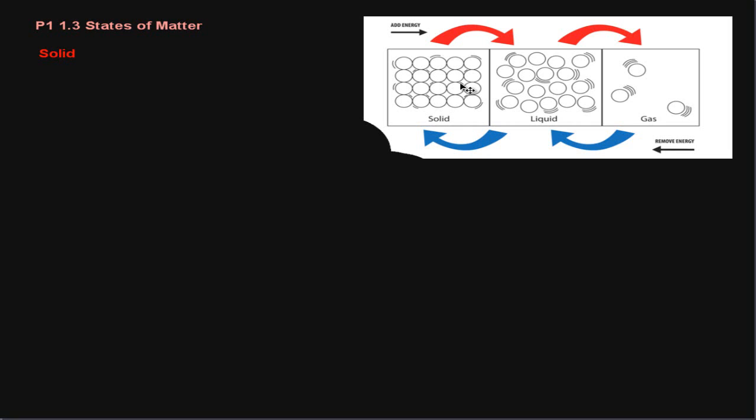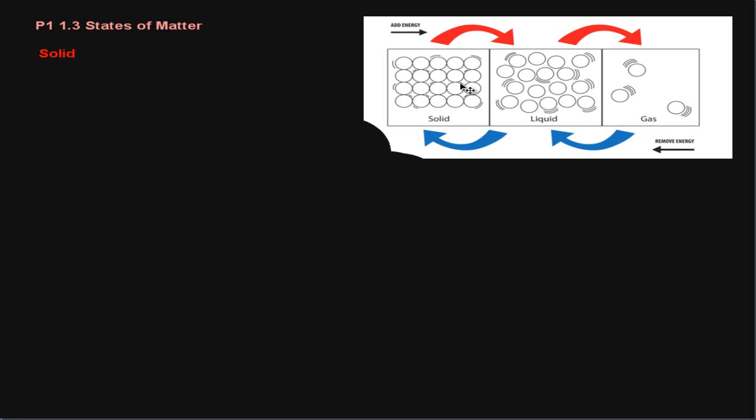Whereas in a liquid, if we add heat energy, that transfers into kinetic energy, which means the atoms have more energy and are less attracted to each other, because the kinetic energy is greater than the pulling force between each atom. So they have more freedom and can flow easier, which is why liquids can flow.